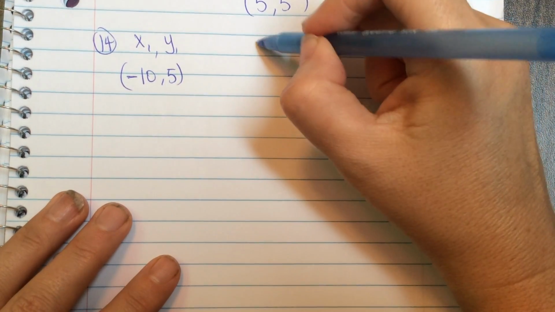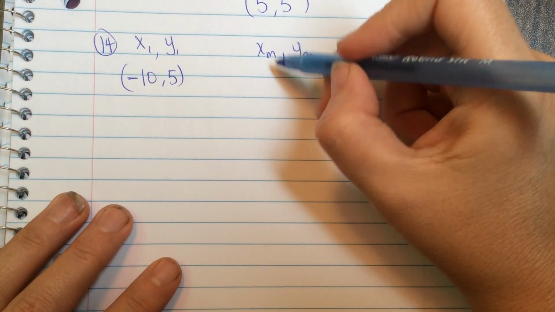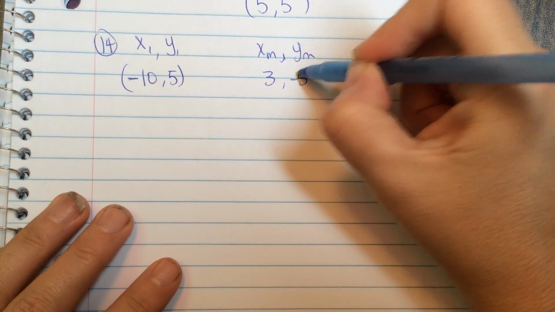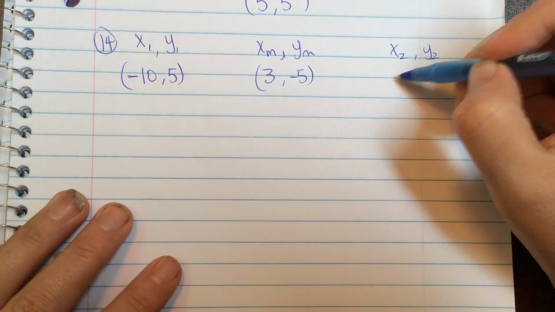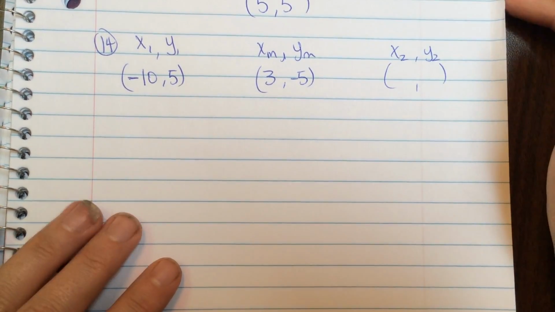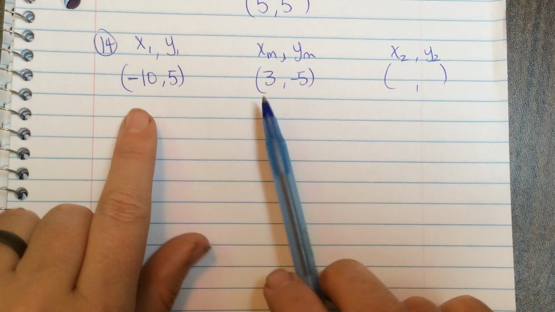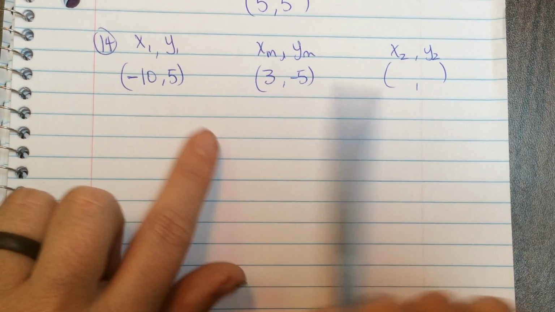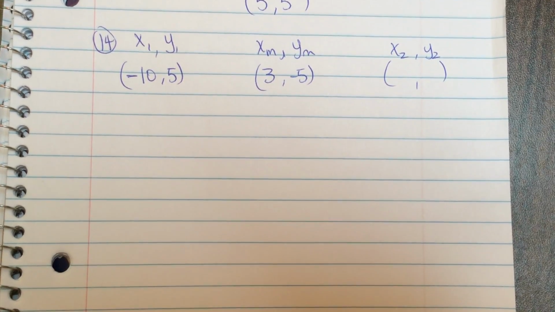Then they tell us the midpoint, which is 3, -5. And they're asking us for the last point, which is what we don't know. Okay? So we're going to use these pieces of information, and we're going to solve just like we did in our notes.